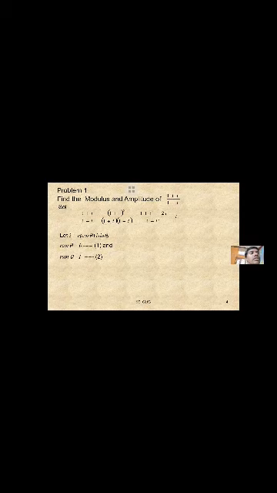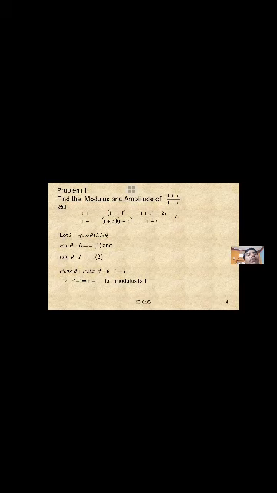Consider it as equation 2. Next, we have to square and add.